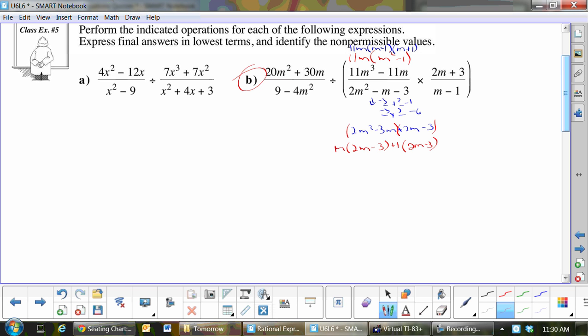So this becomes 2m minus 3 and m plus 1. Okay, so remember, that's all this, right? These are both the same.